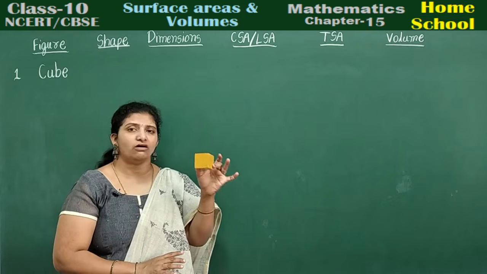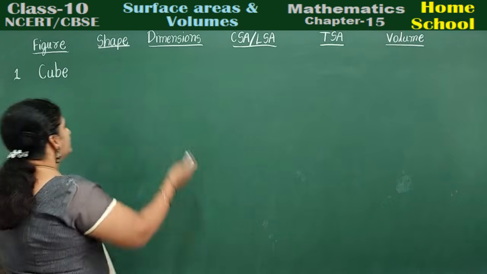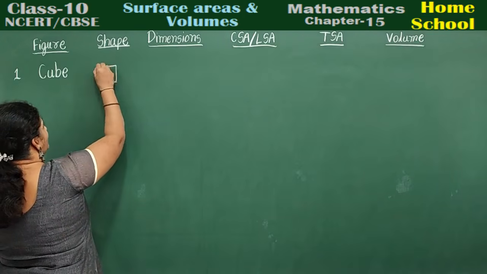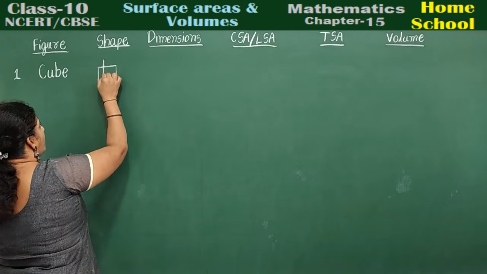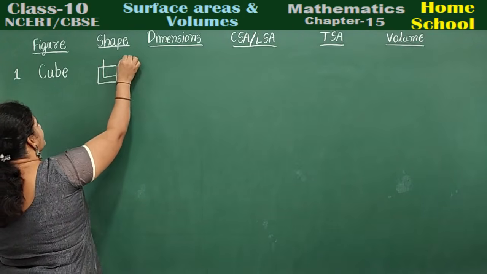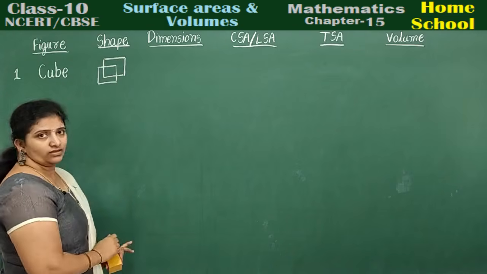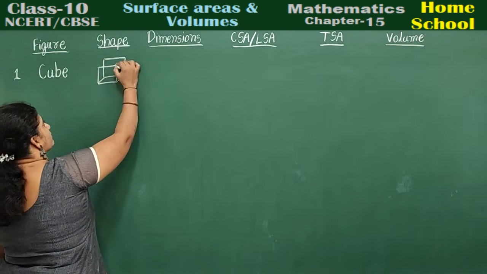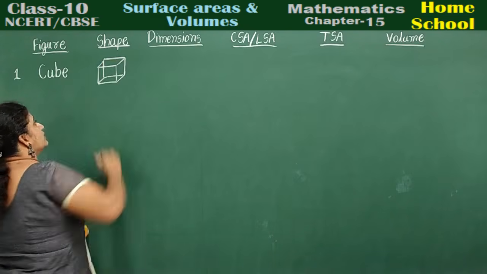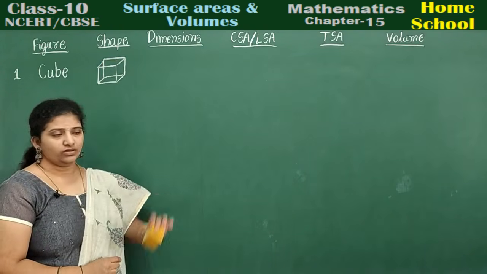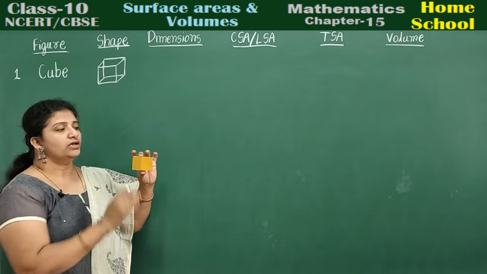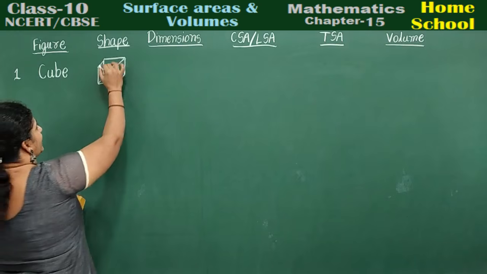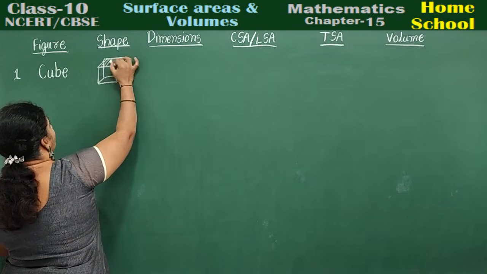Have to draw this on the board. It's very simple. Draw a square and one more square inside the square. Join the corners like this. This is a cube, right? It has top and bottom. Let us shade the top part and bottom part.